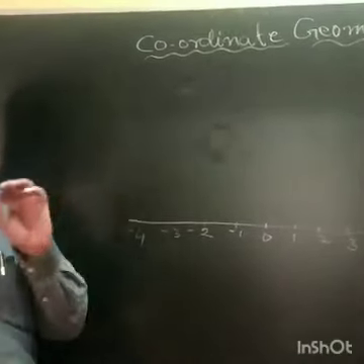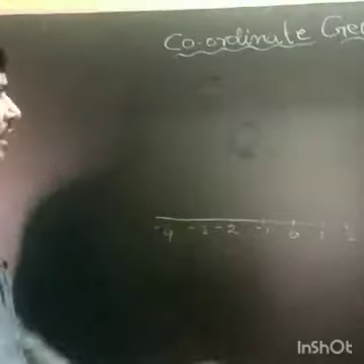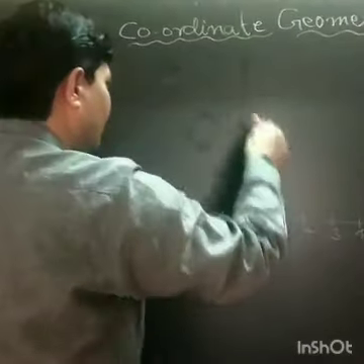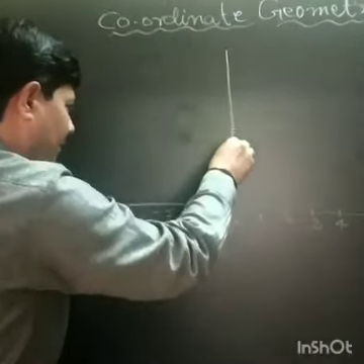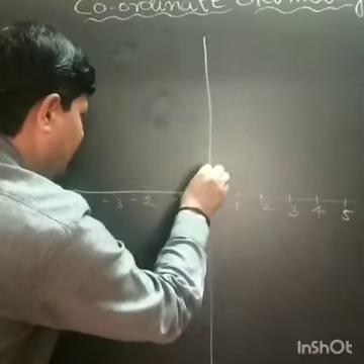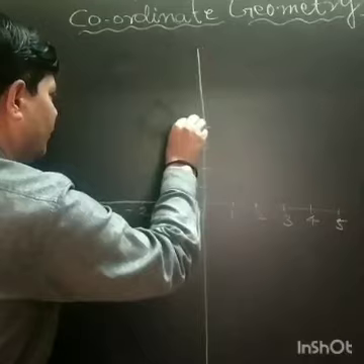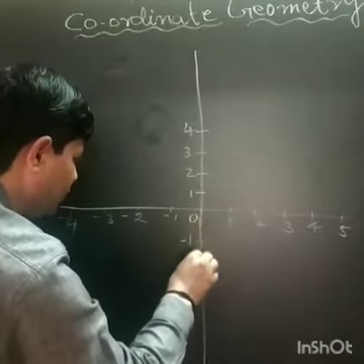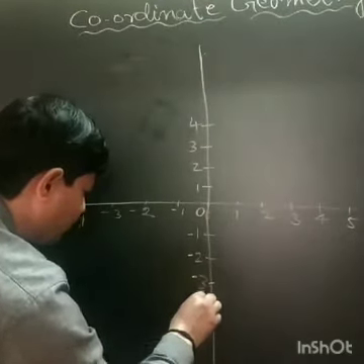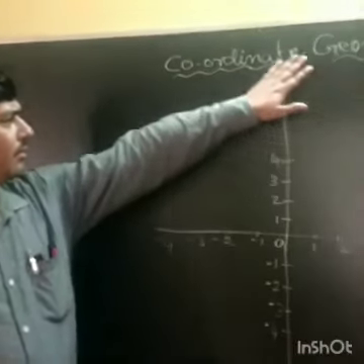Suppose one more number line is drawn horizontally, making 0 common. Then you see 1, 2, 3, 4, and this side -1, -2, -3, -4. Now you see the whole plane we have got.